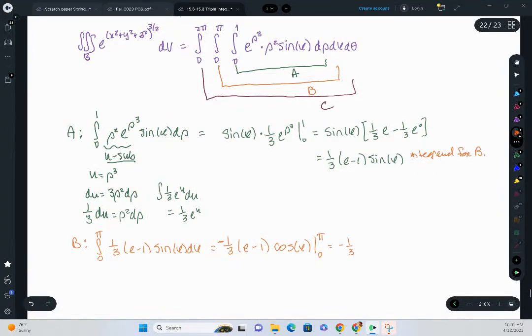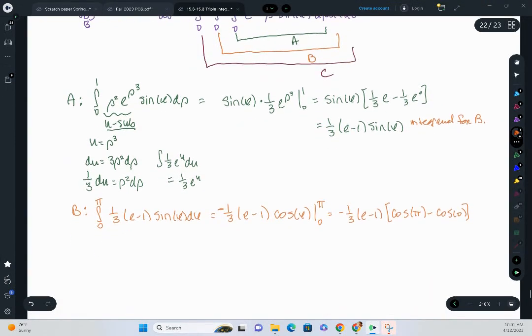So I have my negative 1/3 (e minus 1), and then times cosine of pi minus cosine of 0. Cosine of pi is negative 1, and then minus 1, so that's going to give me a negative 2. So I get a negative 2 times a negative 1/3, which is a positive 2/3 times e minus 1. All right, this is my integrand for c.